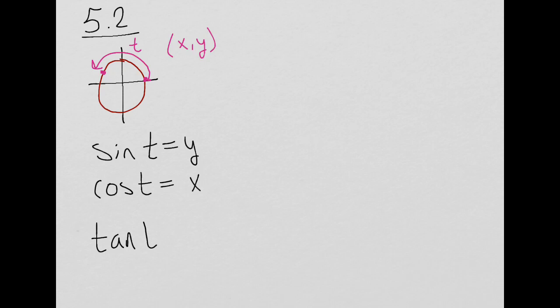The tangent of t is defined to be y over x, which you'll notice is the sine over the cosine.